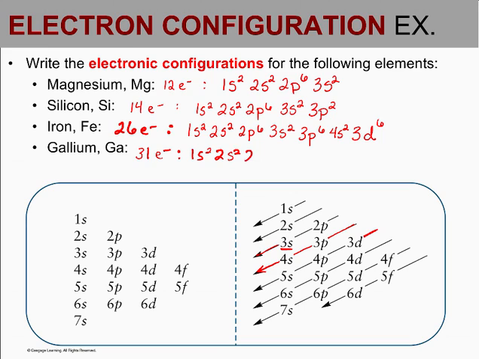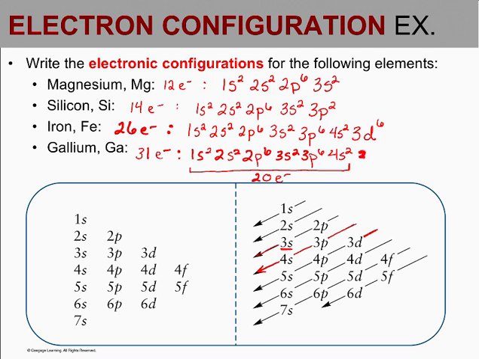So let's just rewrite those first set of subshells. Okay, so we said that when we have this particular electron configuration, there are 20 electrons. So we need to fill in 11 more electrons.